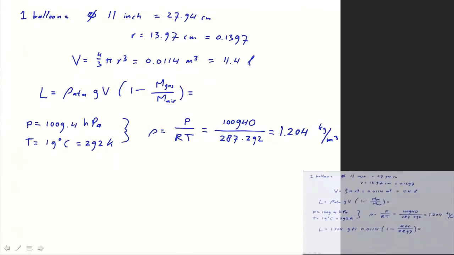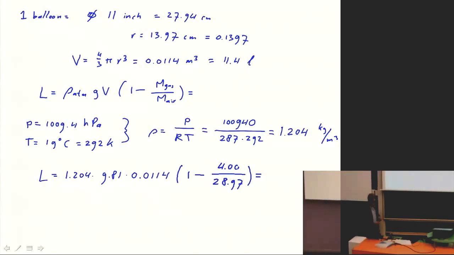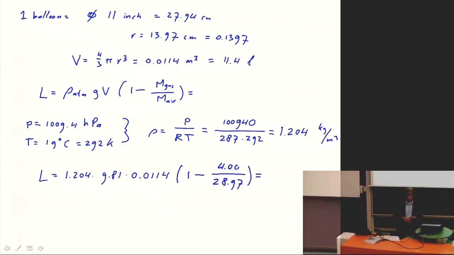So this would be the lift in Newton of one party balloon. I hope you didn't put away your calculators. It also would tell me whether it's safe to make those balloons loose, or whether I will be stuck to the ceiling here.